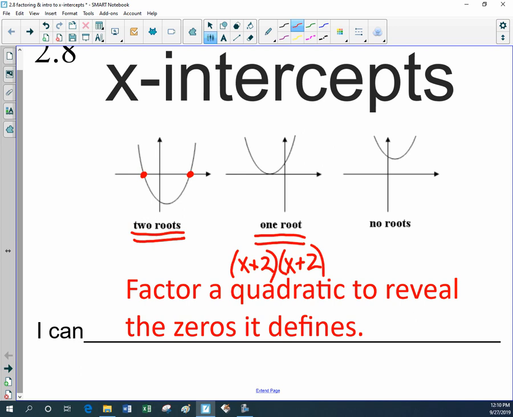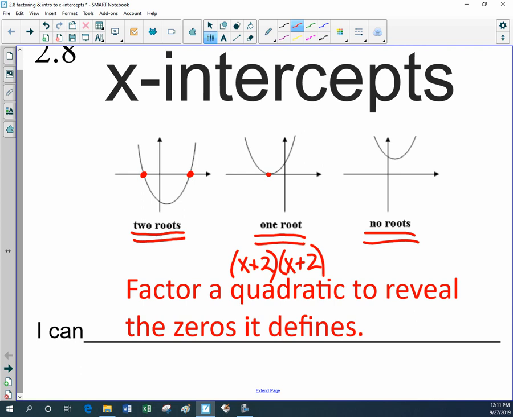So if I have x plus 2 and x plus 2, and I set these equal to 0, both of them are x equals -2, right? So there would only be one solution. And if there's one solution, then it crosses the x-axis at one point, and that would be the vertex of the parabola.